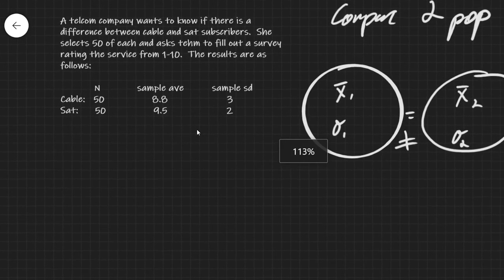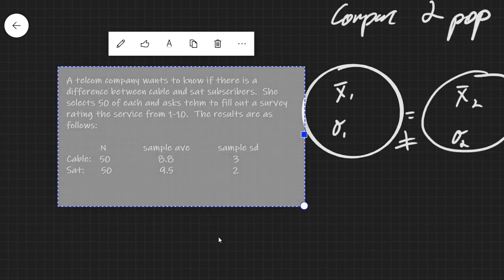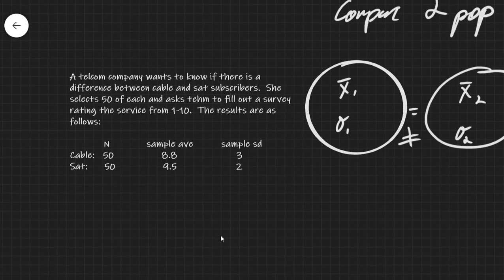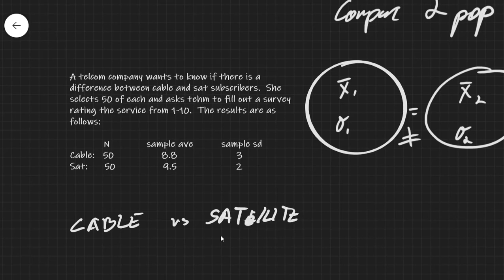But first, the question. A telecom company wants to know if there is a difference between cable and satellite subscribers. Cable versus satellite. We're going to take 50 of each, and we're going to ask them to fill out a survey and rank that service from 1 to 10.